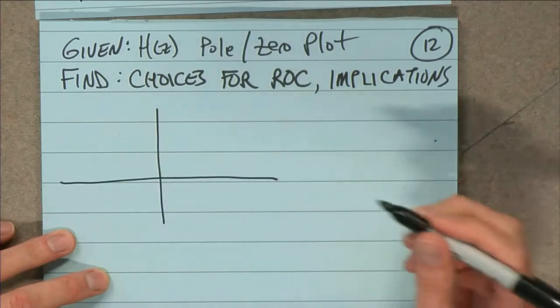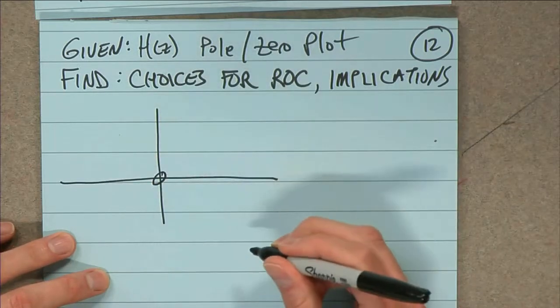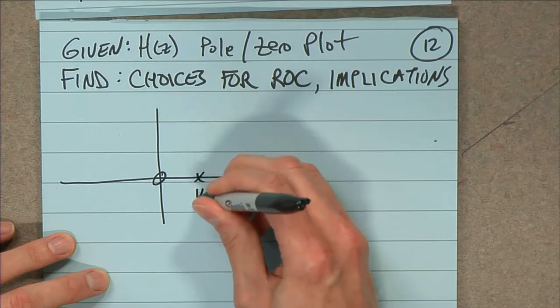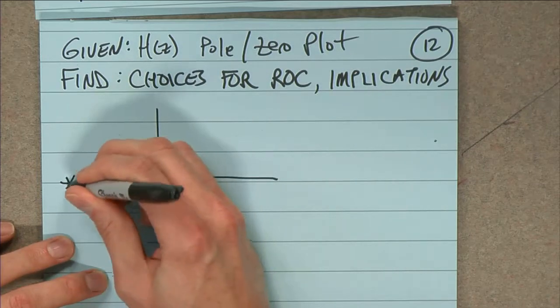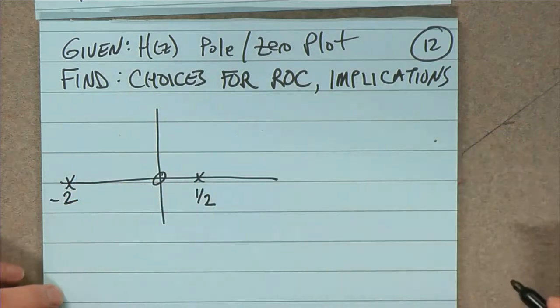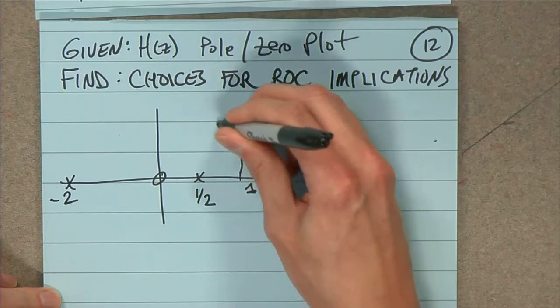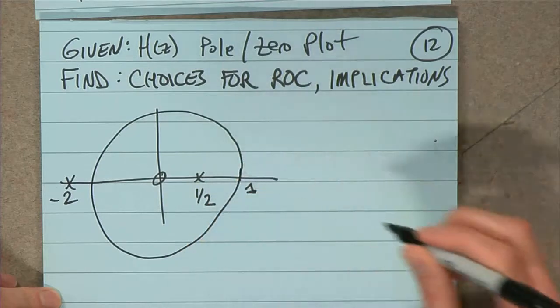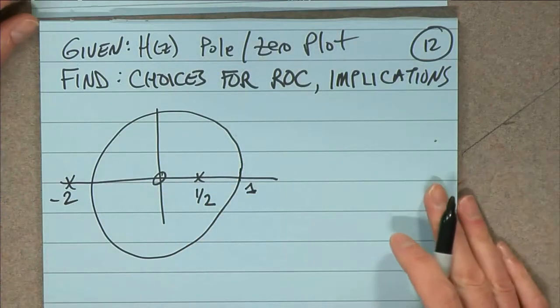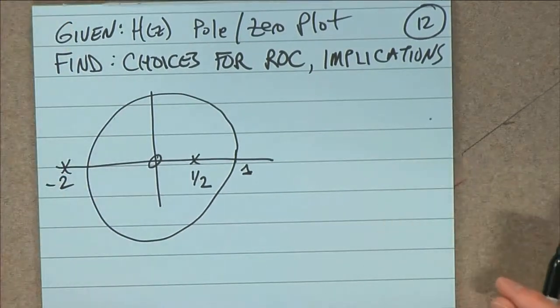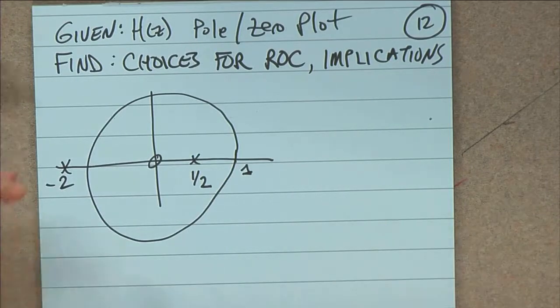So as a start, we'll have a 0 at 0, a pole at 1/2, another pole at -2. And there's the unit circle. So we're starting here and we're going to go through our choices. So there's our starting point.